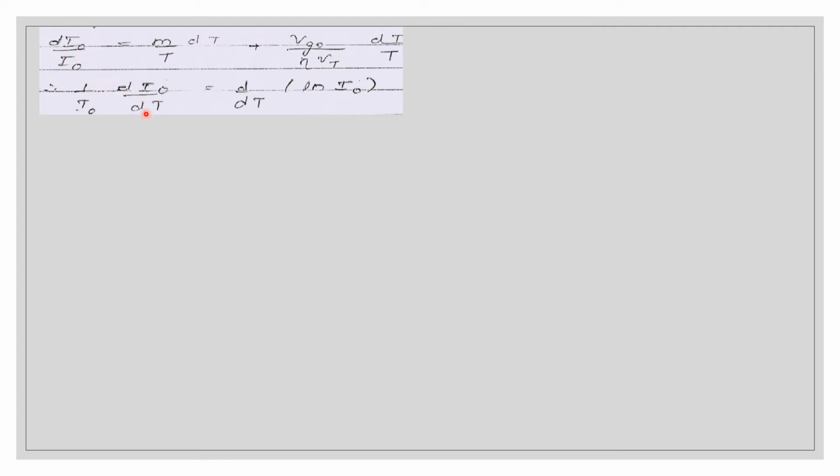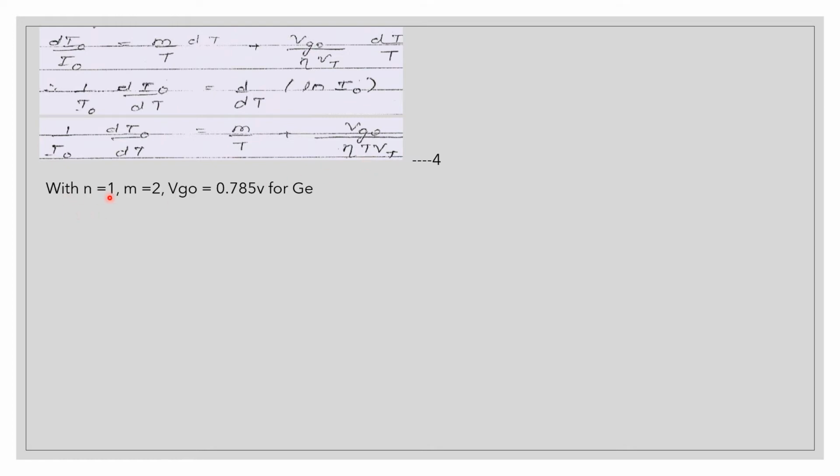Now we can write (1/I0)(dI0/dT) as d/dT of ln I0, which is equal to m/T + Vg0/(ηT Vt). Equation 4.